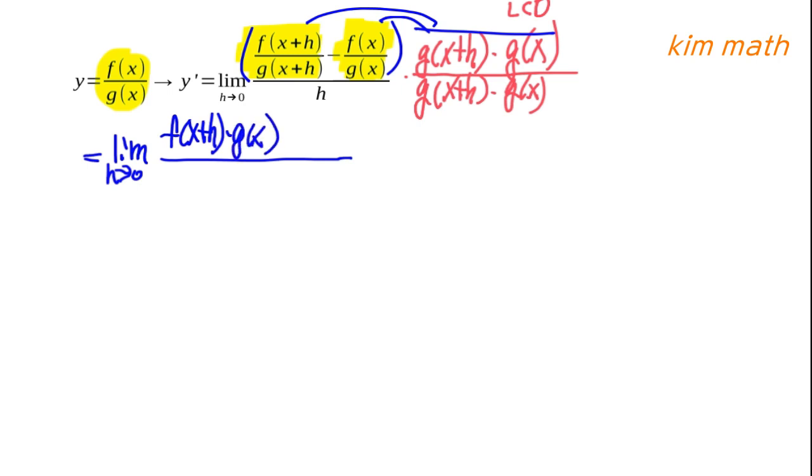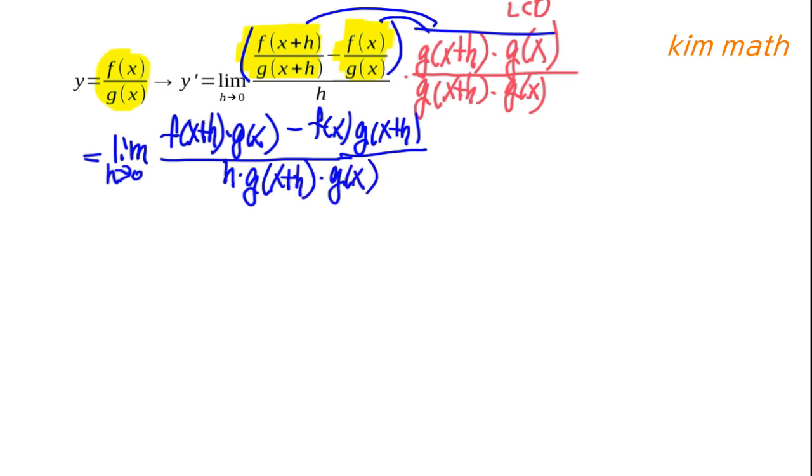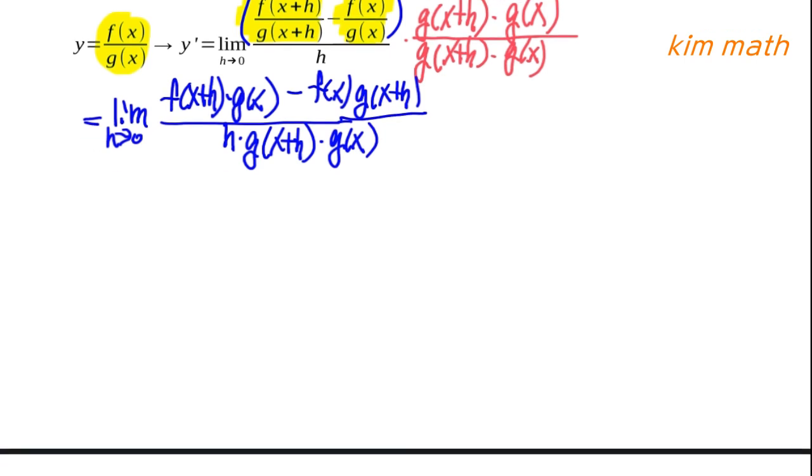And when you multiply this LCD to the second fraction, in this case g of x will be cancelled out, so you have f of x times g of x plus h, right? And denominator h times g of x plus h times g of x. Is it correct? Okay.